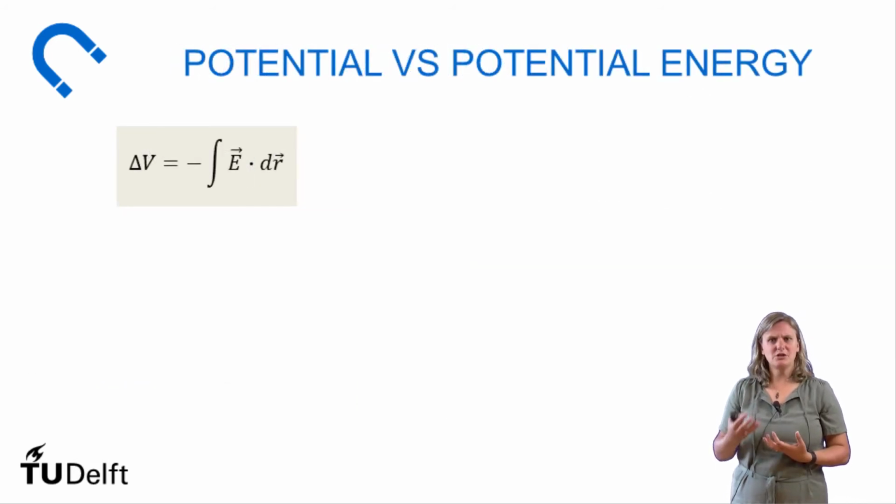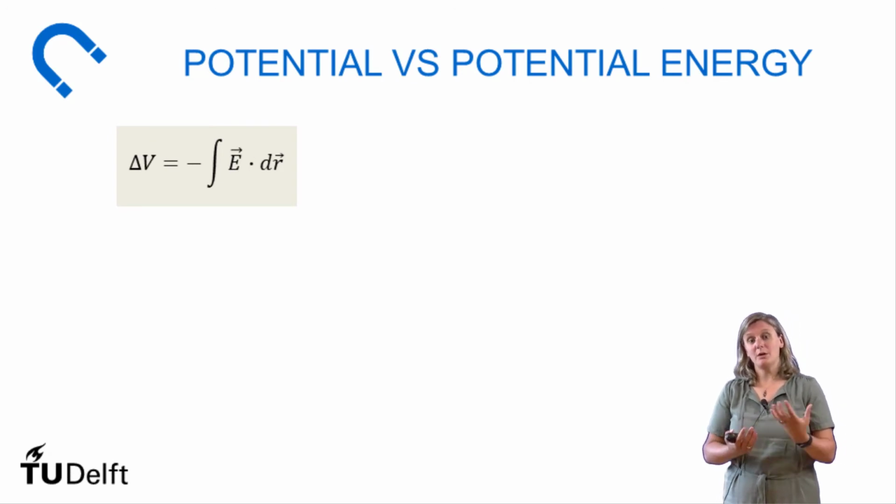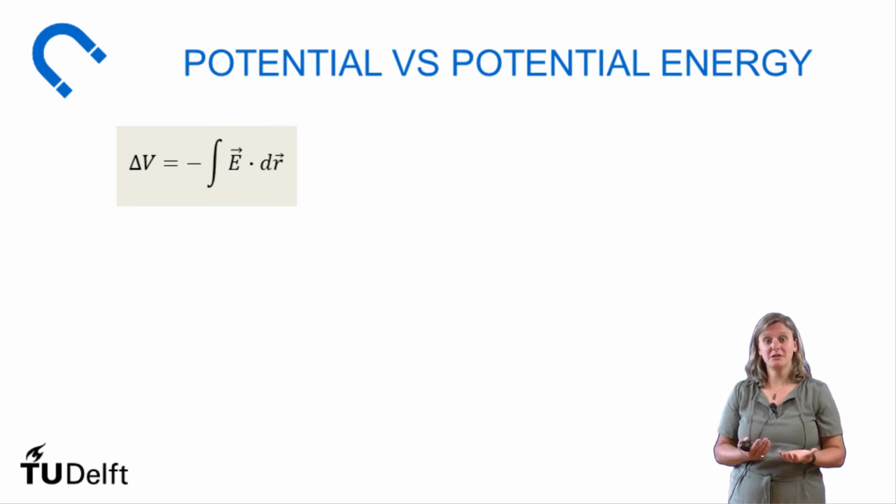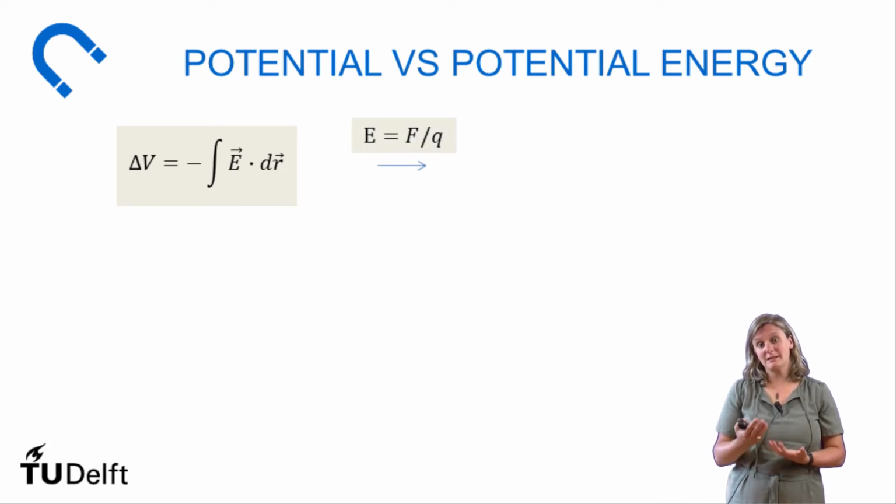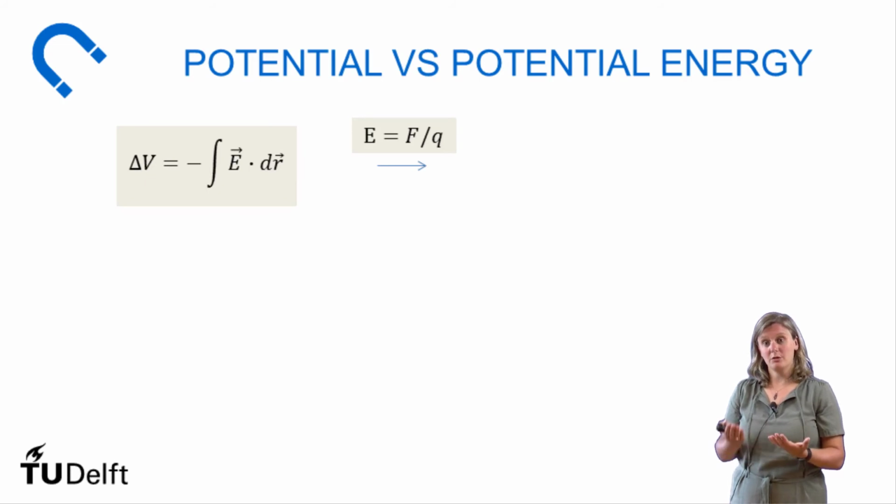So what is this potential actually telling you? I also sometimes get confused. So what is this potential now? For example, we know again that the potential difference is this integral of the electric field multiplied with the distance. If we again look at the electric field, we know it's basically the force per charge.